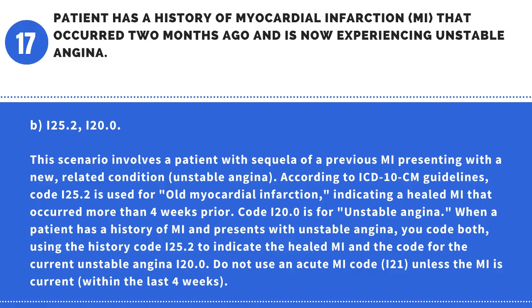Code I20.0 is for unstable angina. When a patient has a history of MI and presents with unstable angina, you code both, using the history code I25.2 to indicate the healed MI and the code for the current unstable angina, I20.0. Do not use an acute MI code, I21, unless the MI is current, within the last 4 weeks.